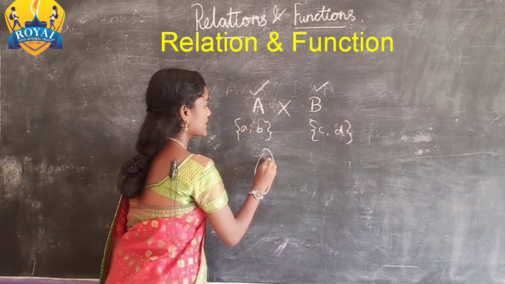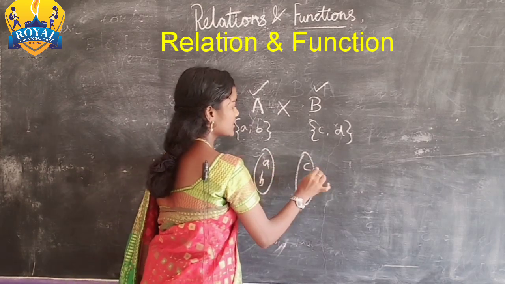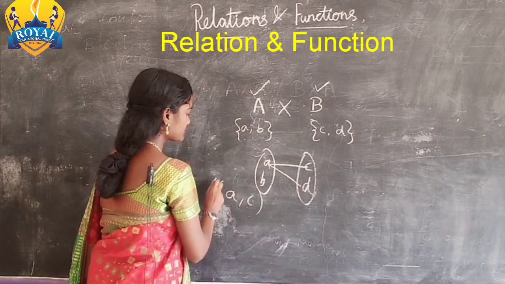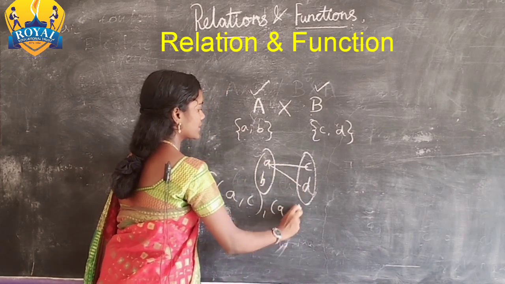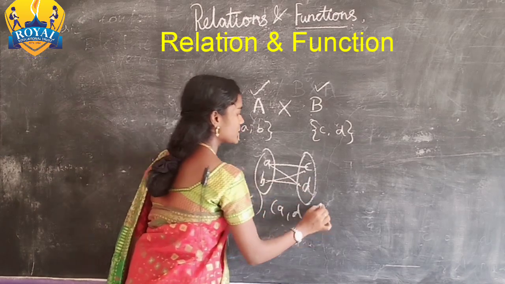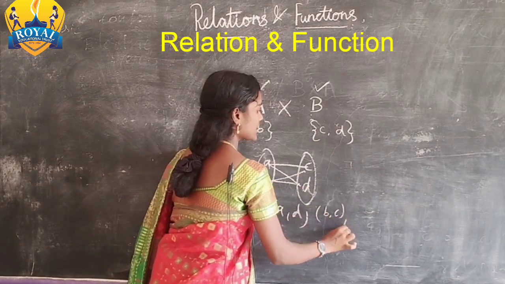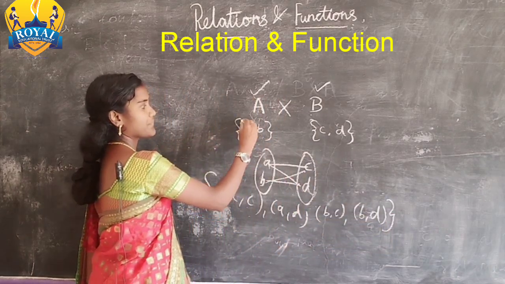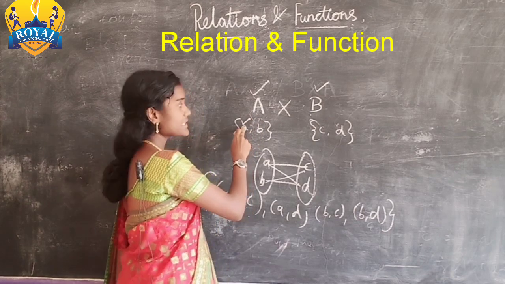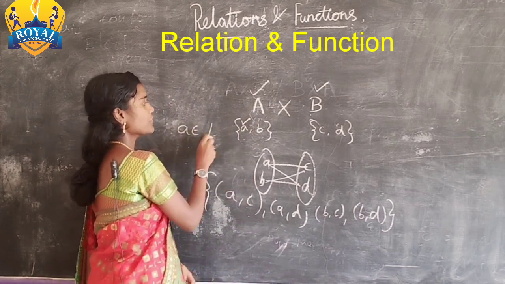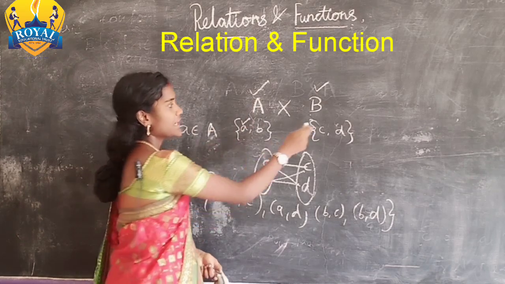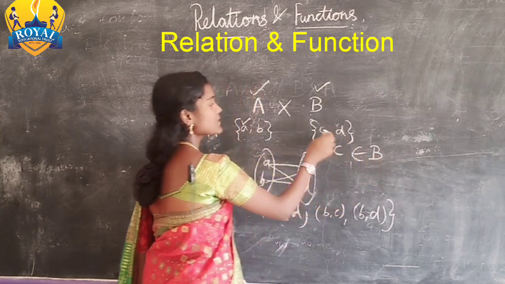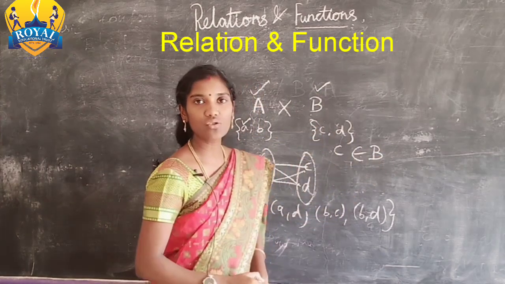The same thing applies here: (A, C), (A, D), then (B, C), (B, D). Here the element A belongs to A, meaning it is one of the elements of the A group. The element C belongs to B, meaning it is one of the elements of B.